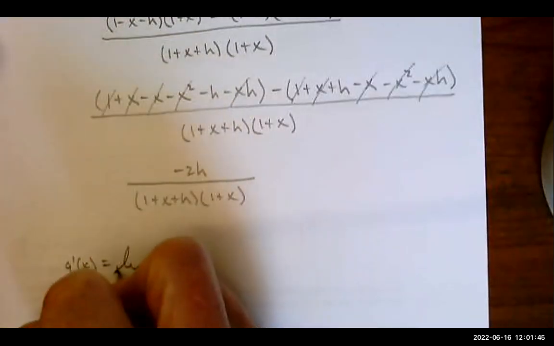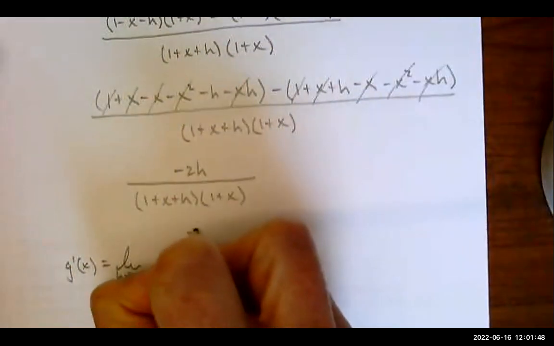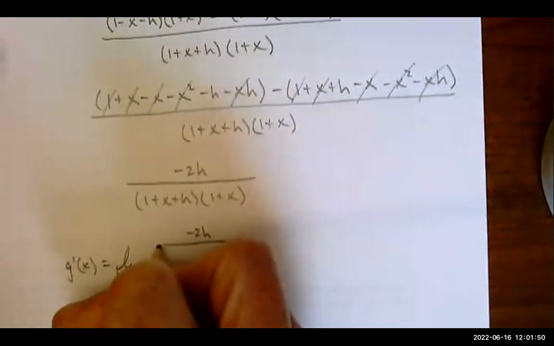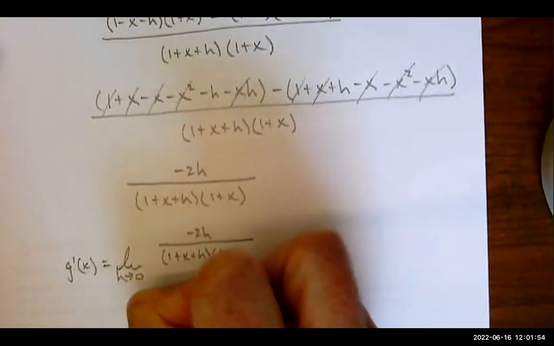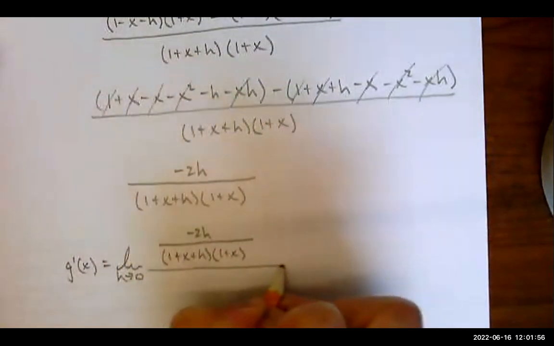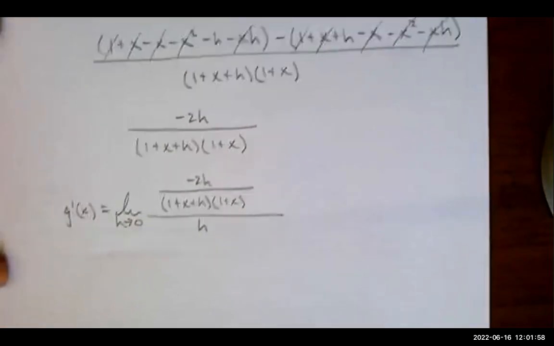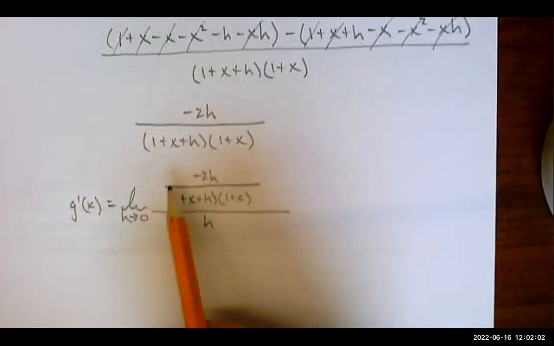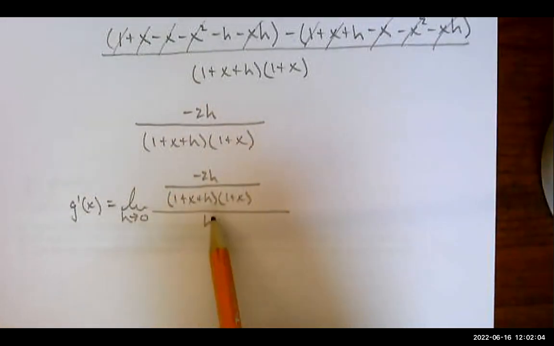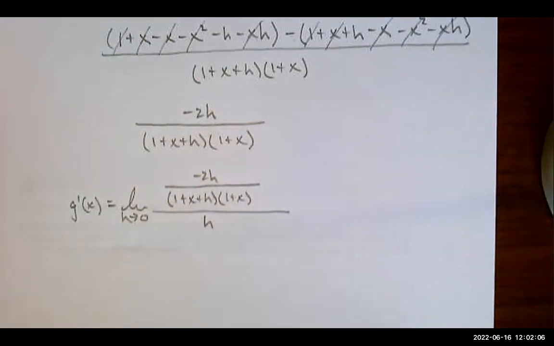The limit as h approaches 0, I've got negative 2h over 1 plus x plus h, 1 plus x, and that's all over h again. Here's what we can do. We've got a fraction over something else. We'd like to make this just one fraction, one numerator, one denominator. Here's how we can do it.